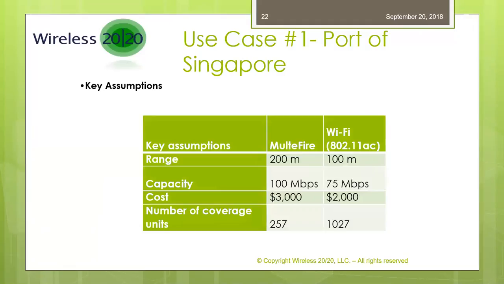In this particular case, we wanted to compare MulteFire to what it would be if we wanted to do a Wi-Fi deployment. For this example and for the kind of equipment that we would have to deploy, we've made some assumptions around the range that we could deploy, taking into account the obstacles and the interference that we might encounter.